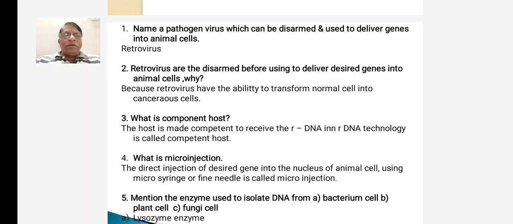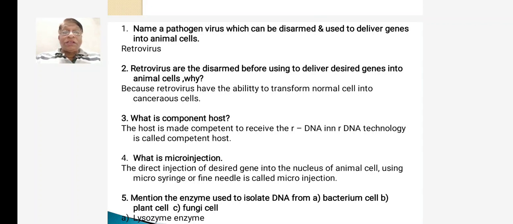The virus retrovirus is used as a pathogen virus which can be disarmed and used to deliver the genes into animal cells. The answer is retrovirus.